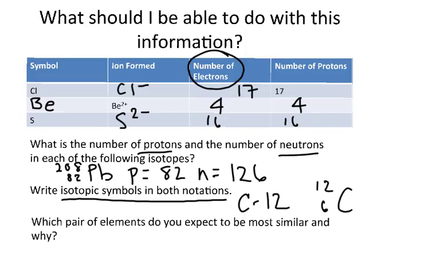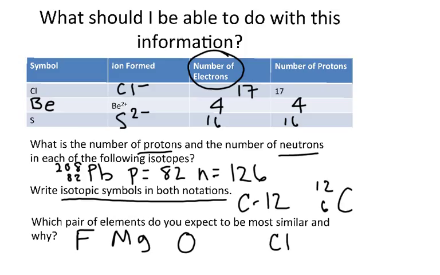I also would expect for you to be able to look at the periodic table and know which elements are going to be the most similar. So if I said, out of these elements, which is most similar to chlorine?